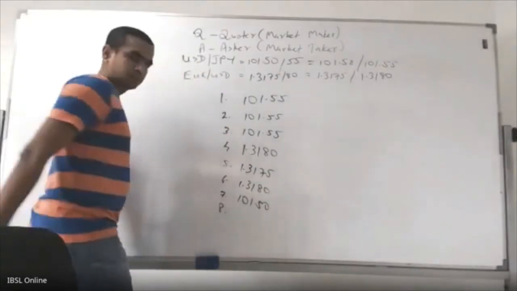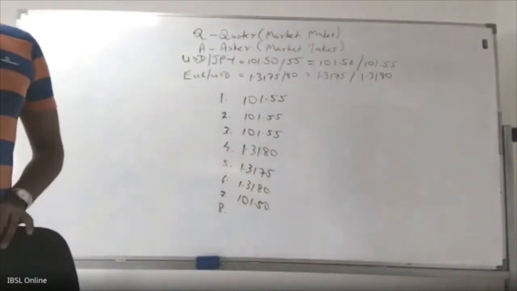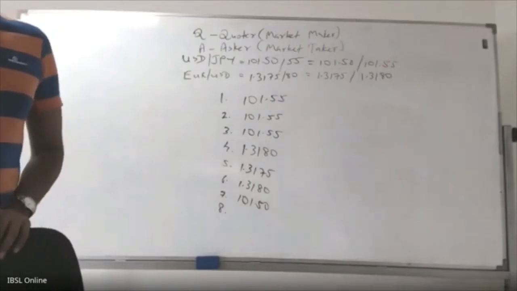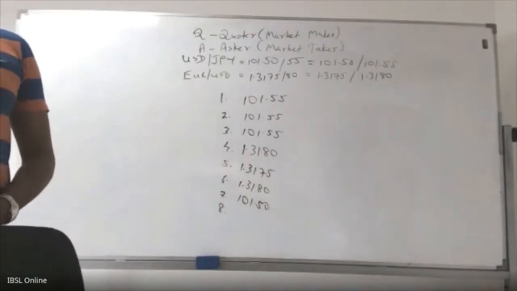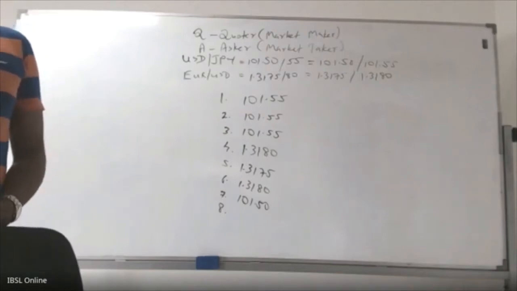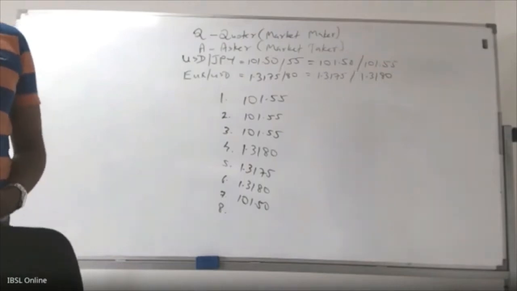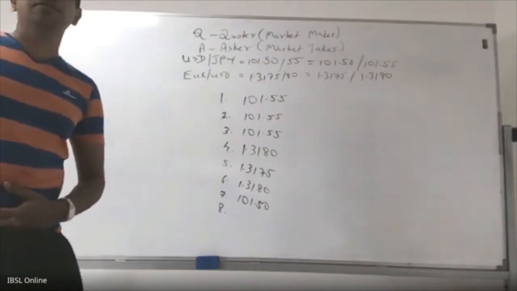Okay, number 8. At what rate would the asker sell dollars on dollar rupee? Now this is just to confuse you. There is no rupee. There is only dollars. So it's not possible to give a dollar rupee rate. But let's assume this is yen, dollar yen. So let me rephrase it.